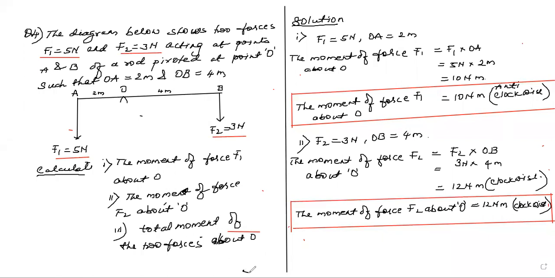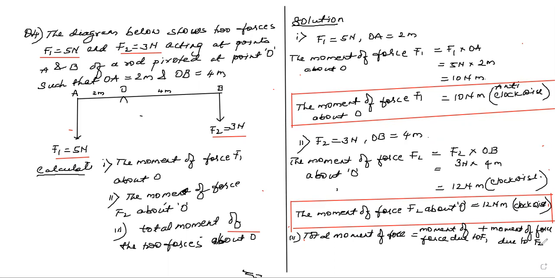So the total moment of force will be equal to the moment of force due to F1 plus the moment of force due to F2. We have to add both.